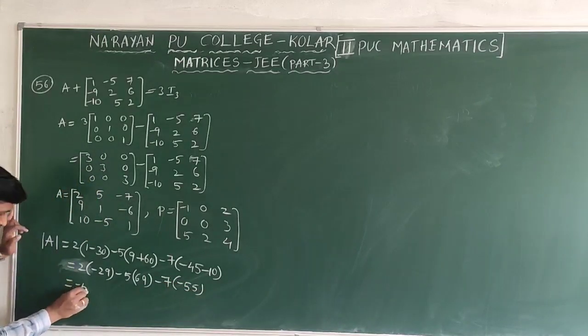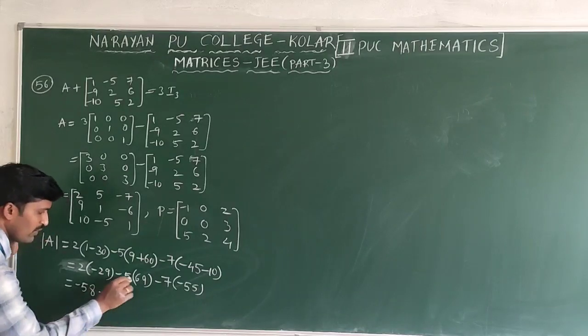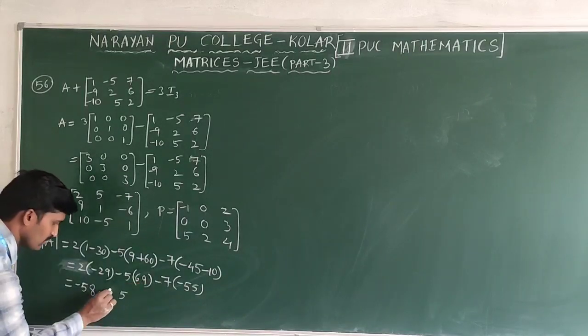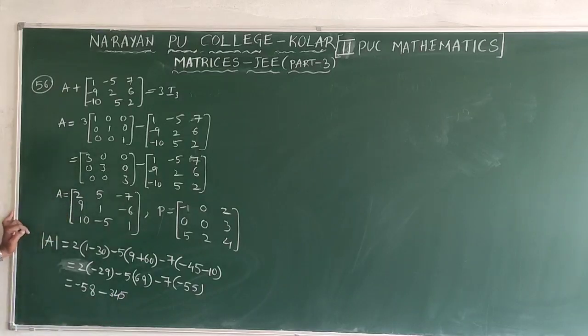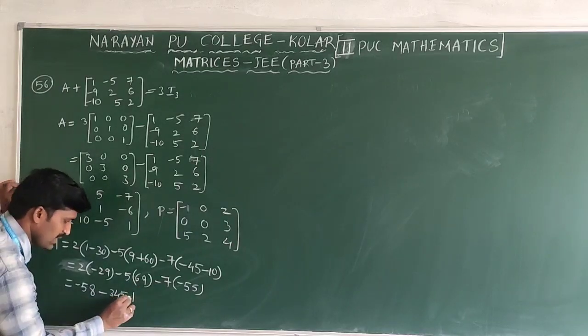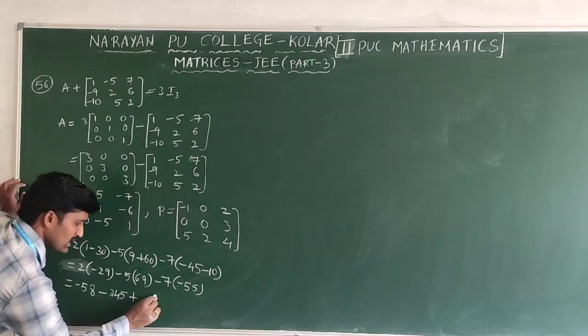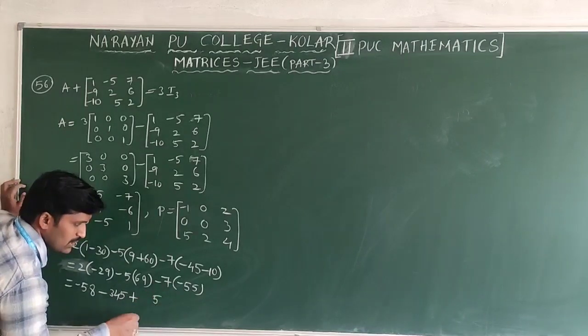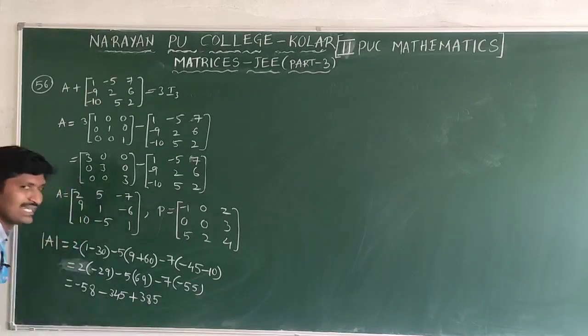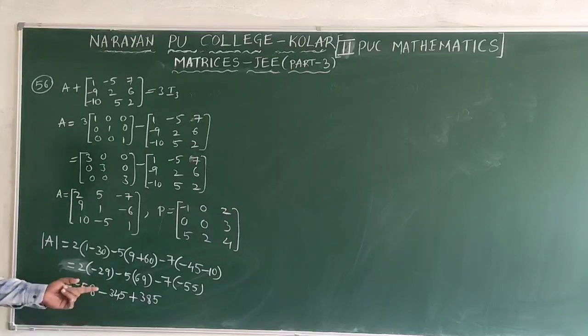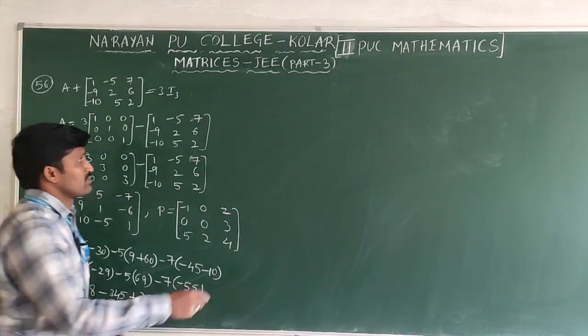So how much will you get? Minus 58. Here 5 9s are 45, 30 plus 4 is 34, 345. Next minus of minus here, plus 385.